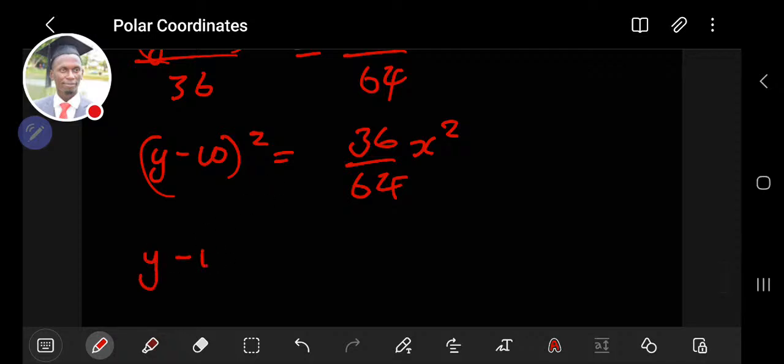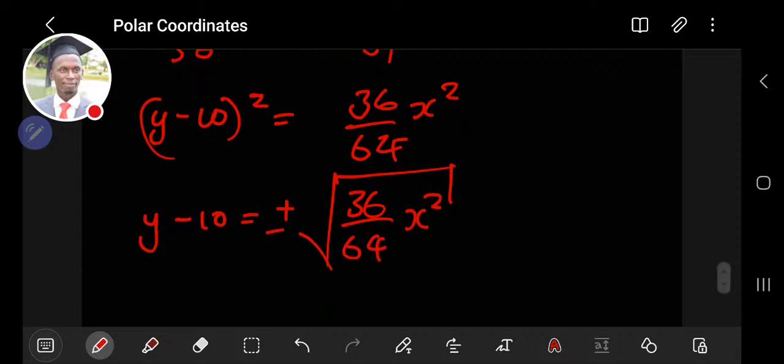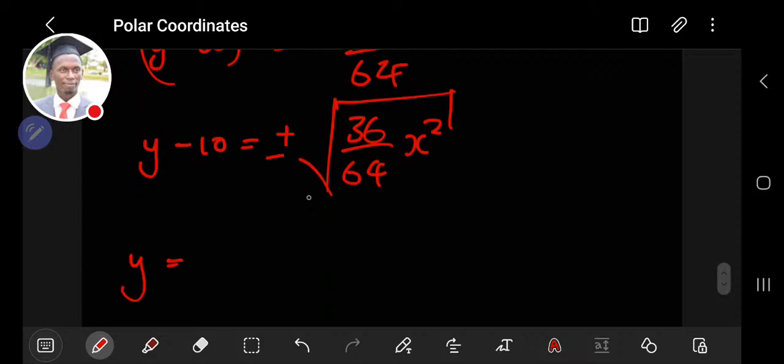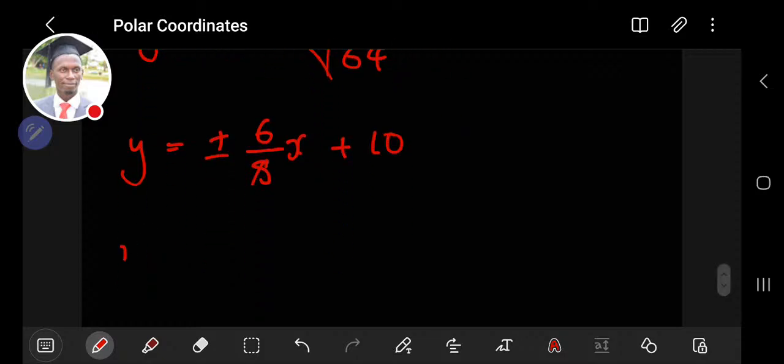You have y minus 10 equals plus or minus the square root of 36 over 64 x squared, so that y equals, when I square root here, plus or minus 6 over 8 x, then plus 10. So our equation will be y equals 6 over 8.